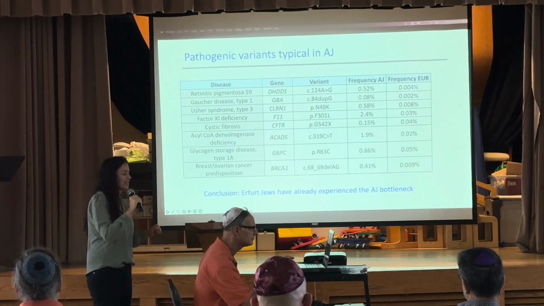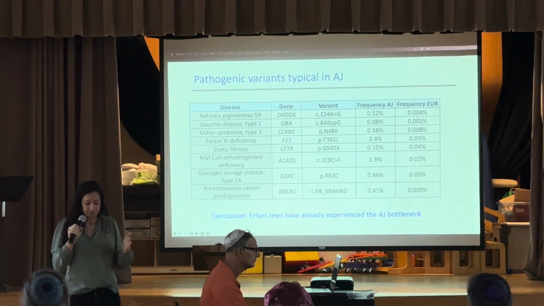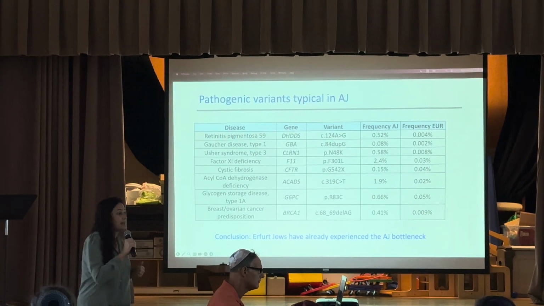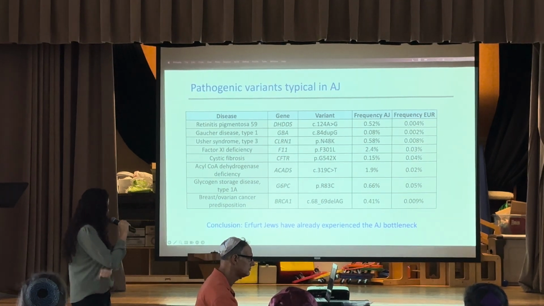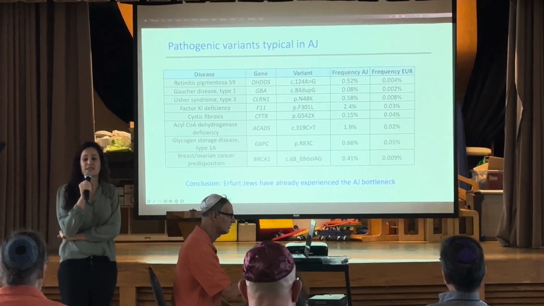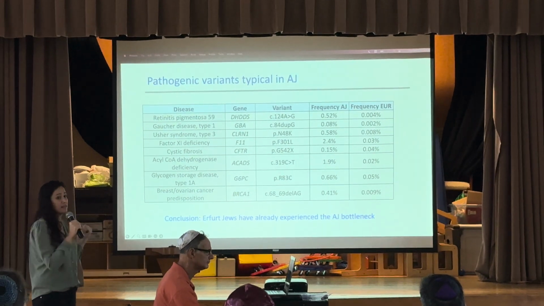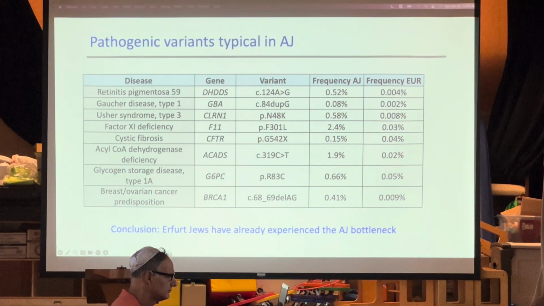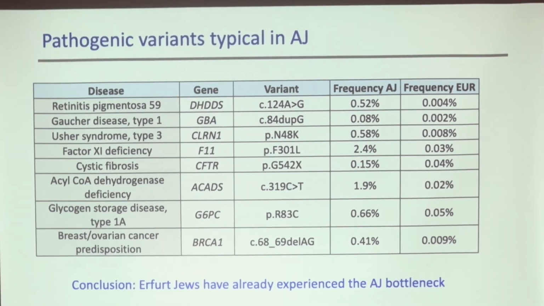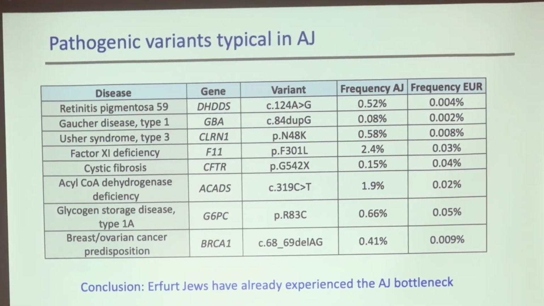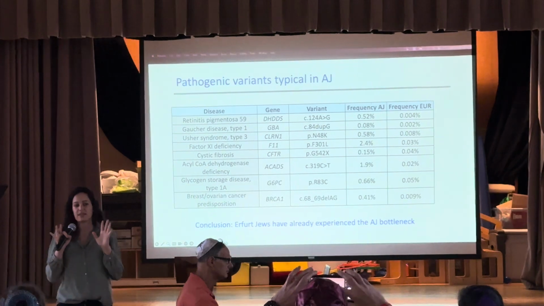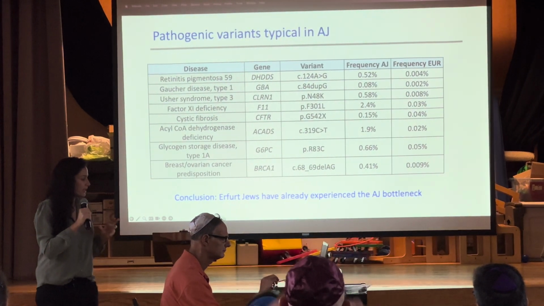We detected multiple disease mutations in these samples from Erfurt, and you can see here, for example, the BRCA1 gene that is responsible for the increase in chances of breast and ovarian cancers in Ashkenazi Jews, which we detected in one of the samples in Erfurt, and another variant that is common in present-day Ashkenazi Jews. We found them back then in the 14th century. So we concluded that indeed these samples post-dated the bottleneck, and the bottleneck must have happened before the 14th century.